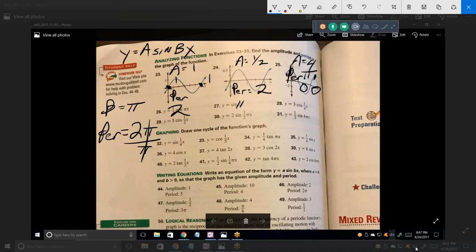I'm going to assume you know what A is on each of these. So we'll just do the periods. What's the period on 28? 2 pi over 1/4, so multiply by 4, 8 pi. Period on 29? 4 pi. 30?